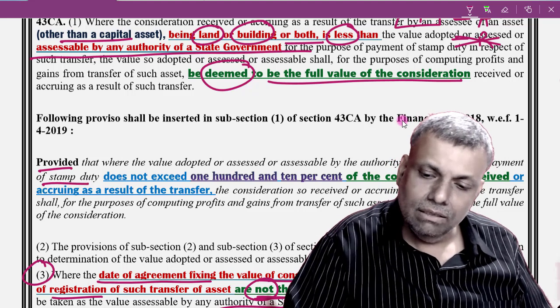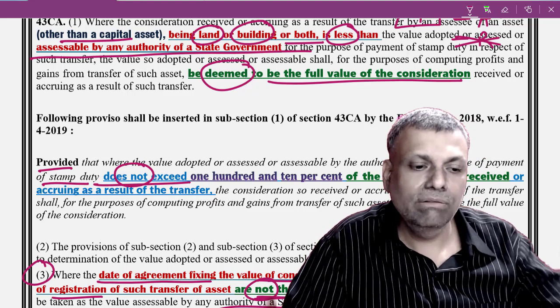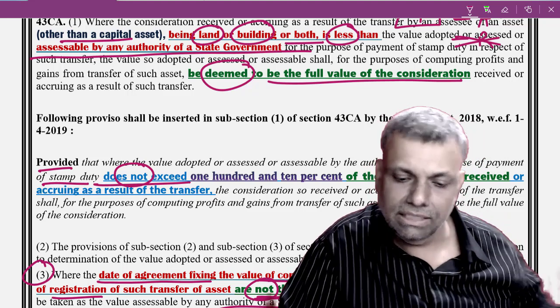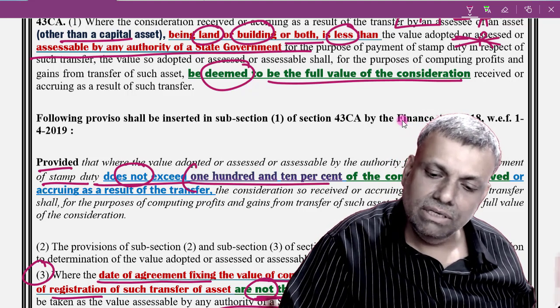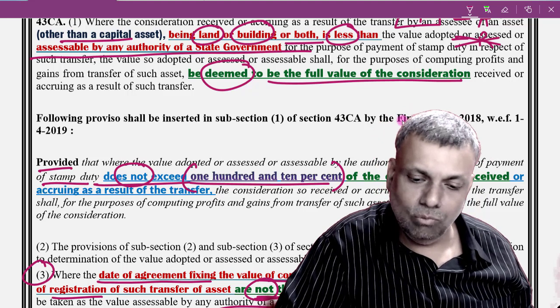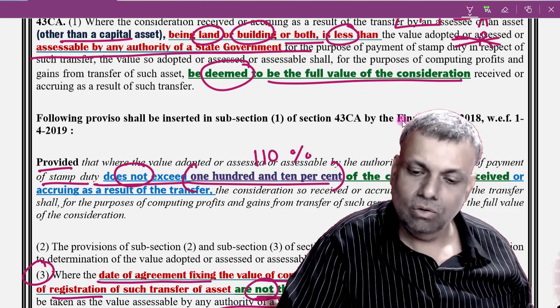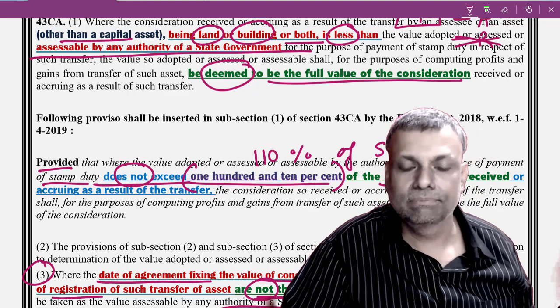Where the stamp duty value does not exceed 110% of the consideration, that means of the actual selling price.